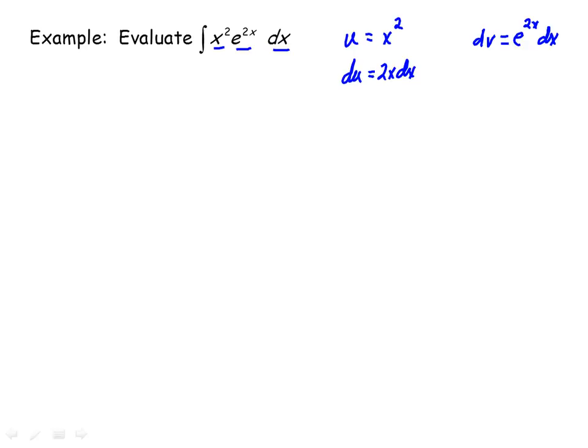This should be second nature to you. When you take the antiderivative of anything that has an argument, and that argument is not just x, you have to use compensation. So the antiderivative of e to the 2x is 1/2 integral of e to the u du, which is 1/2 e to the u, which is 2x.